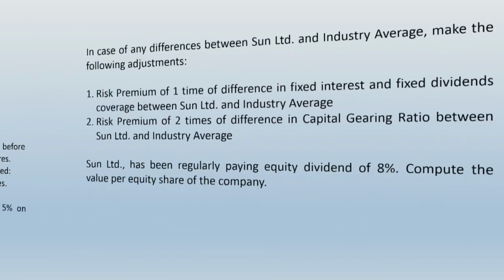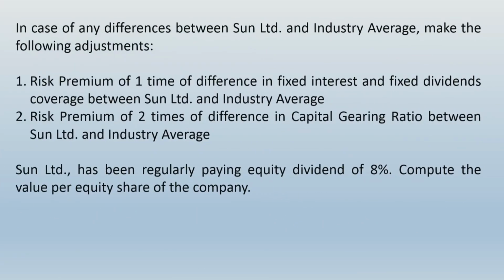Further given, in case of any differences between Sun Limited and industry average, make the following adjustments. Risk premium of 1 time of difference in fixed interest and fixed dividend coverage between Sun Limited and industry average. Risk premium of 2 times of difference in capital gearing ratio between Sun Limited and industry average. Sun Limited has been regularly paying equity dividend of 8%. Compute the value per equity share of the company.